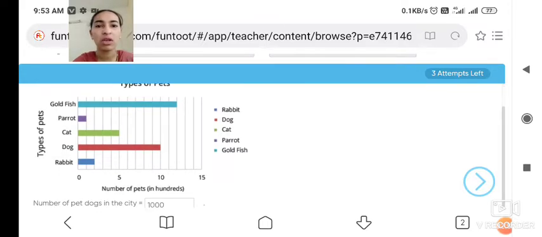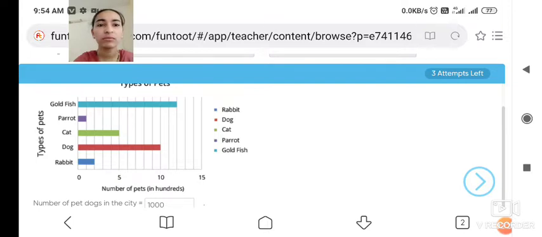On the horizontal line the number of pets is given, and that is all in 100s, that means 0 means 0, one line indicates 100. It is given that the number of pets is in 100s, not in tens, not in units.